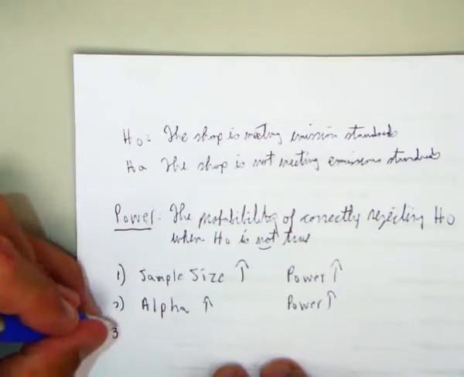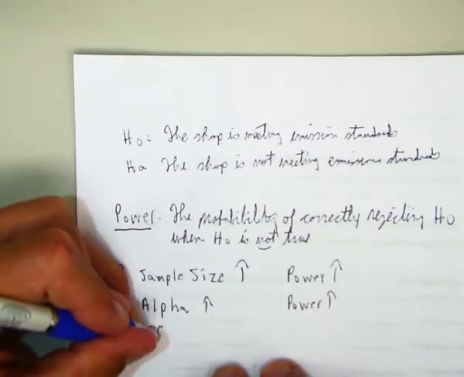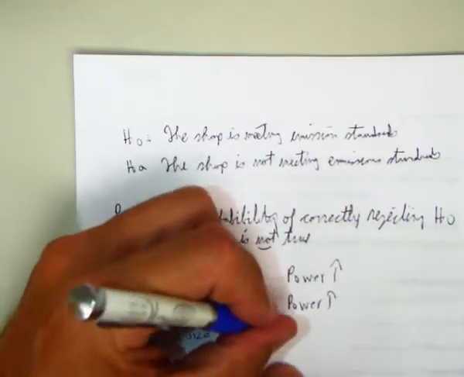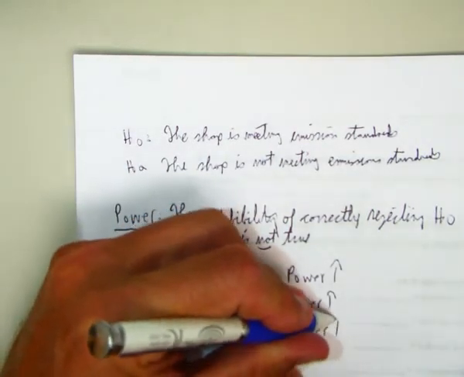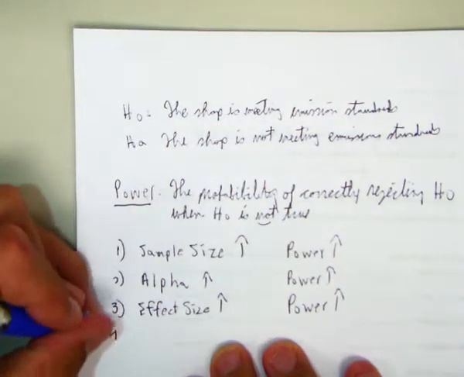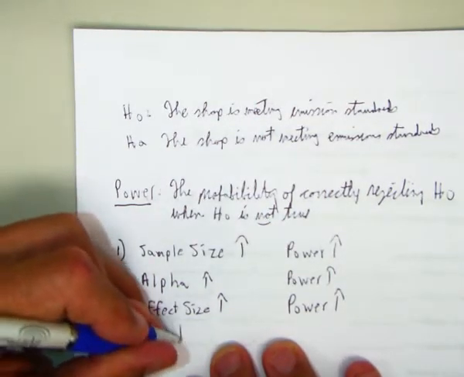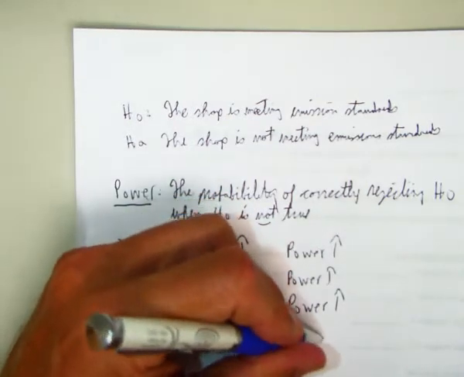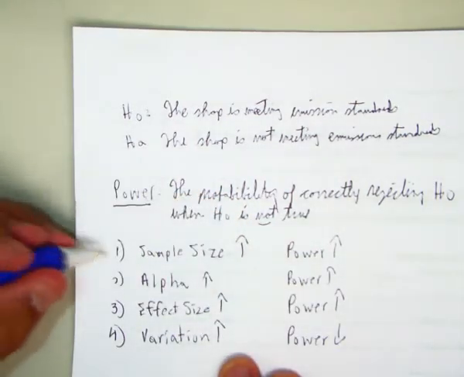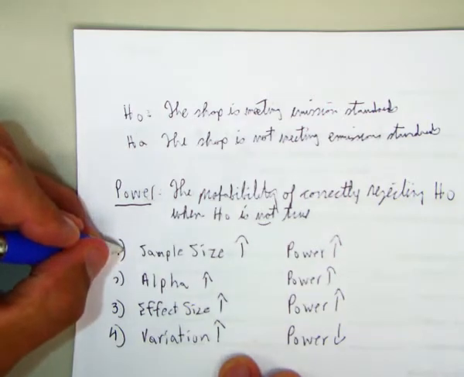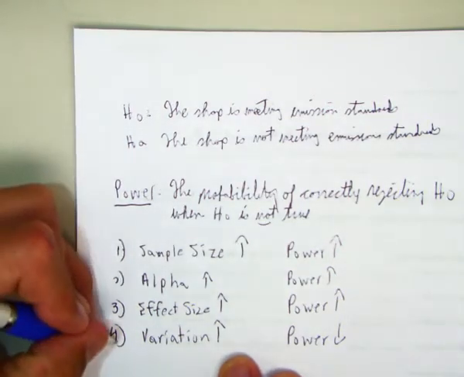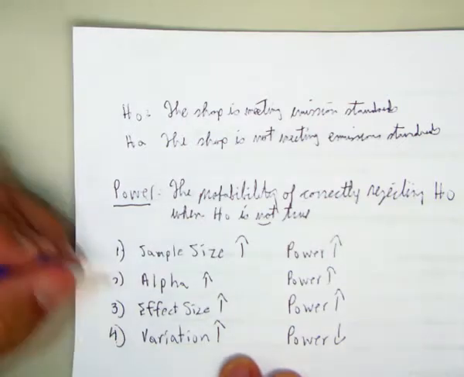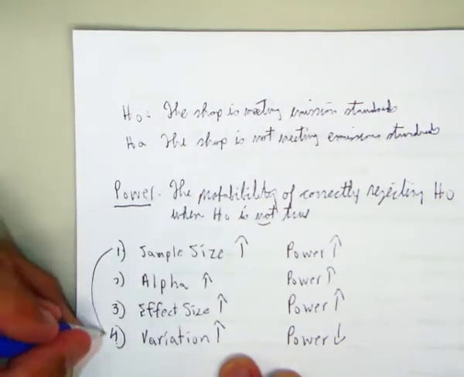Third is effect size. When effect size increases, power increases. And then the last one is variation. When variation increases, power decreases. That's the only one, because again, when sample size goes up, variation will go down. And then if variation goes down, power would go up. These two are kind of connected.